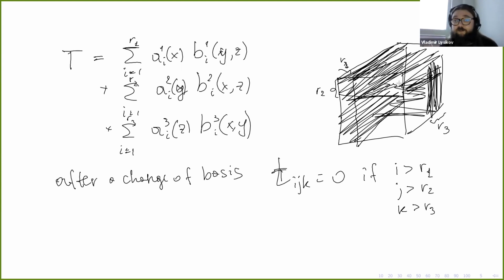But here we have a large part of the tensor which is zero. And now, if we take this tensor and multiply, so let's say this is R2 and R1, for example, and this is n minus R1.